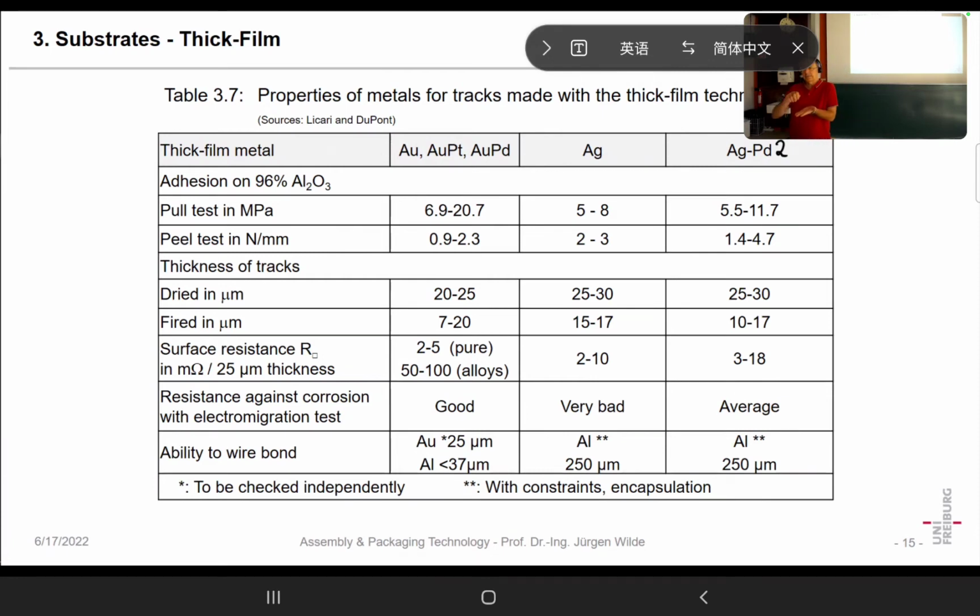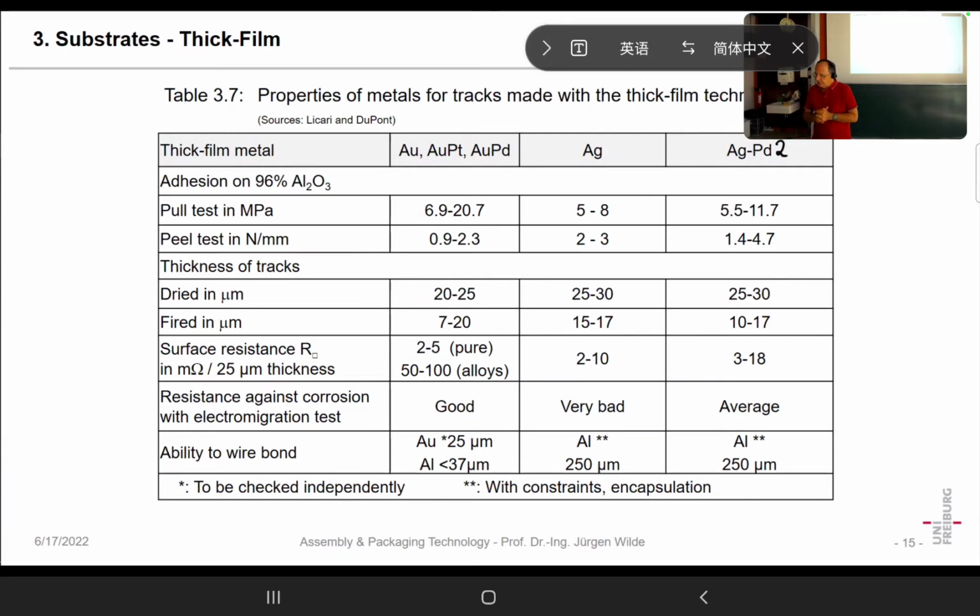You must imagine like you have an adhesive tape put on a surface and you peel it off. And then the force is, of course, the higher, the wider that strip is. So in that way, the peel strength is measured in terms of Newton per millimeter. And typical peel strengths of metals, generally in assembly and packaging, are around 1 to several Newton per millimeter tape width.